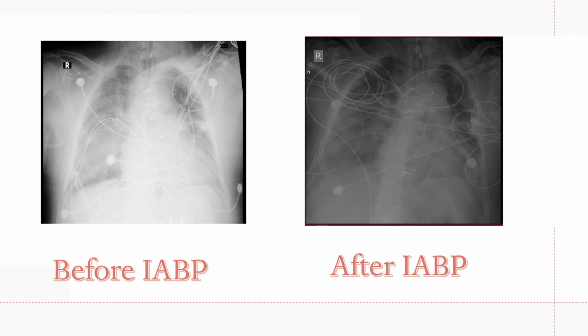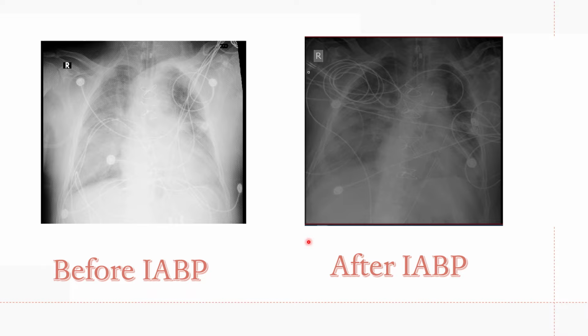This is the X-ray after insertion of the ECMO and before insertion of the intra-aortic balloon pump. There is a white lung, or lung congestion, and if correlated with the echo, it shows LV distension.